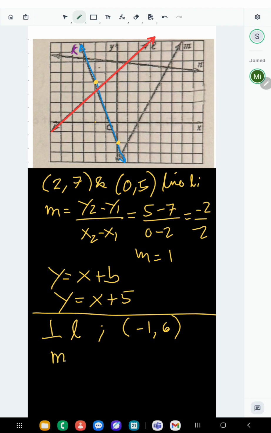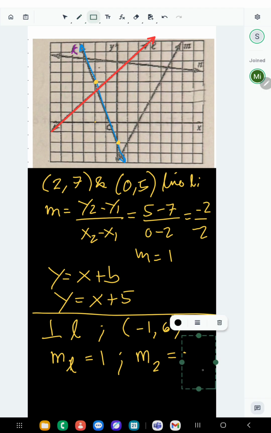So the slope of the first line, or the slope of line L, is equal to 1, right? So the slope of the second line, let's just denote as m sub 2, is the negative reciprocal, so negative 1 over 1, or just simply negative 1. Right? So negative 1 is the slope of the perpendicular line.